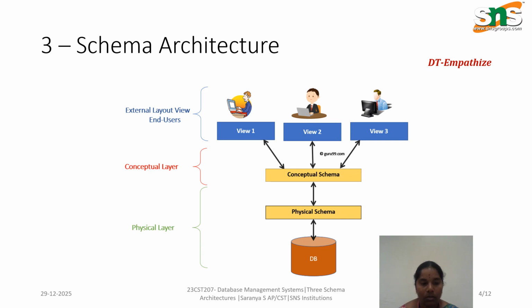In the three-level architecture, the top layer is the external level. The external level is the closest layer to the end users. It defines customized views of the data tailored to specific users, roles or applications. Each user only sees what they need to know, enhancing data security and simplicity.